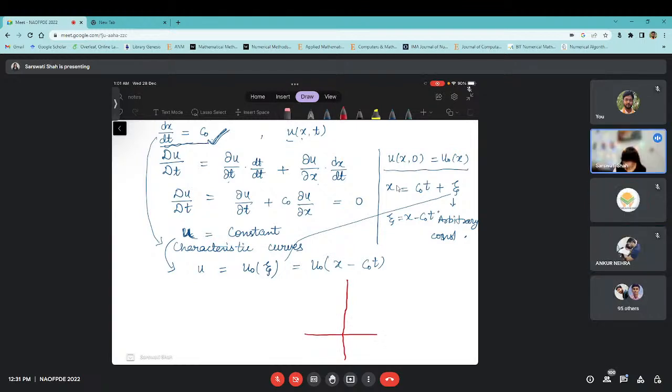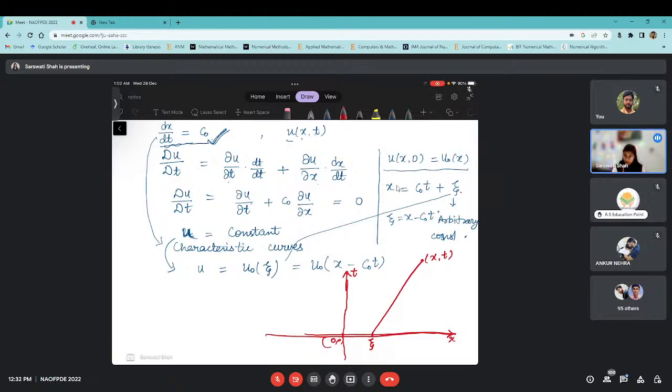So let's have a look at the profile, how I am explaining this physical phenomenon. At t equals to 0, x equals to xi. This is your x-axis and this is your time axis. So at t equals to 0, this is your 0, 0 coordinate, and x equals to xi, that is a constant and varies over all the real line. And x equals to c naught t plus xi is this curve.